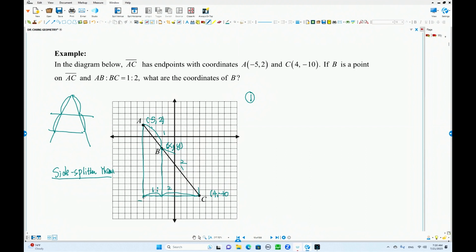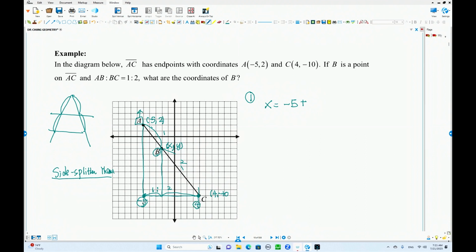This is -5 over here. This one is 4 over here. Now let's find it. We start our problem at -5 at this point. So this x coordinate of B equals -5 plus the difference. The difference is always x2, this one, minus this one, not the other way around, because we take this one as the starting point.